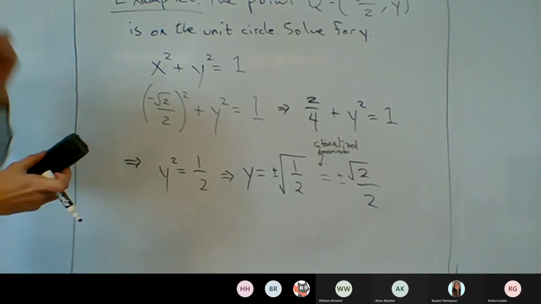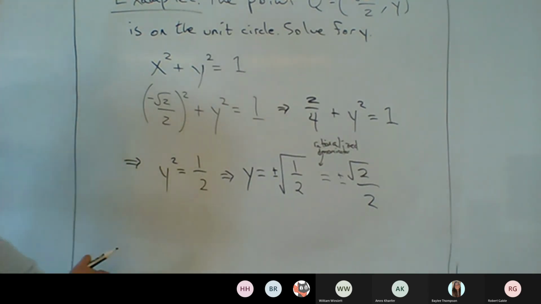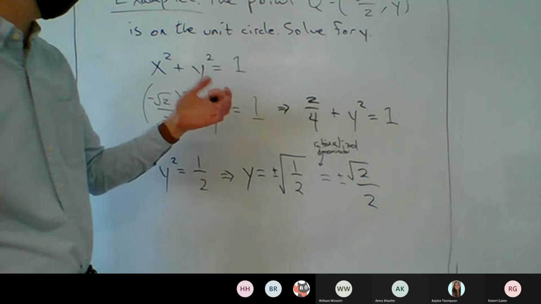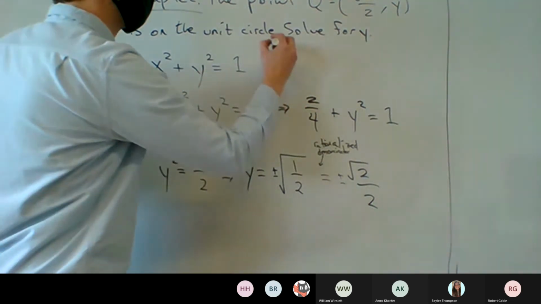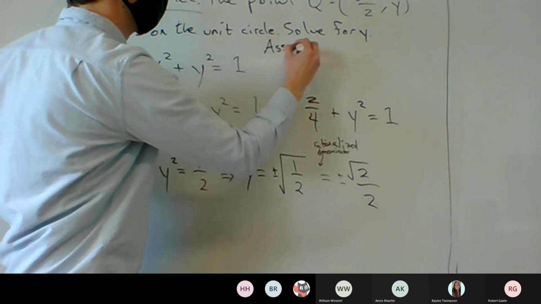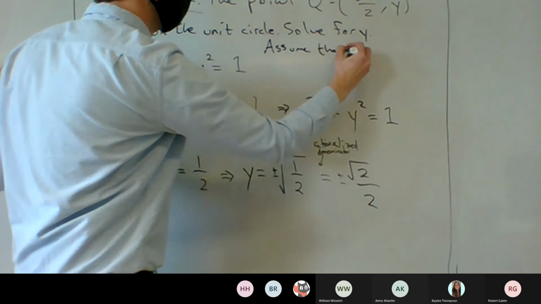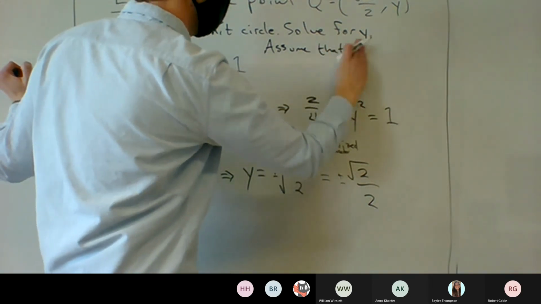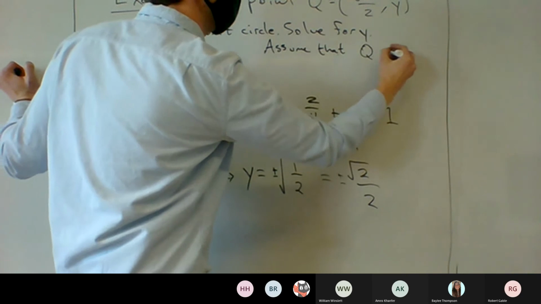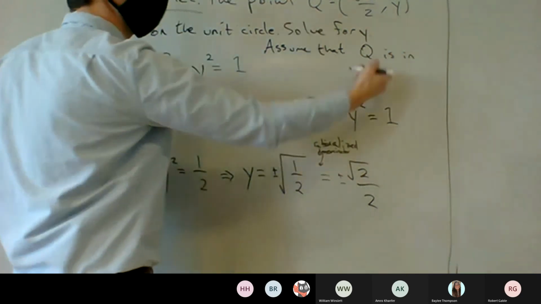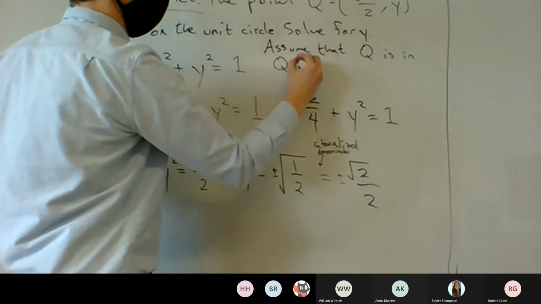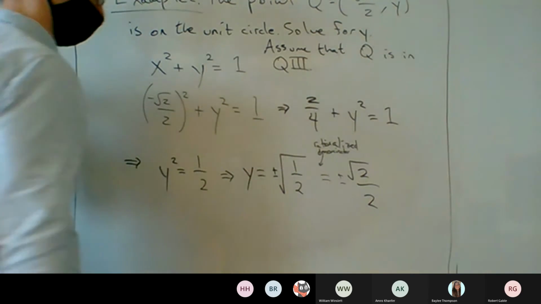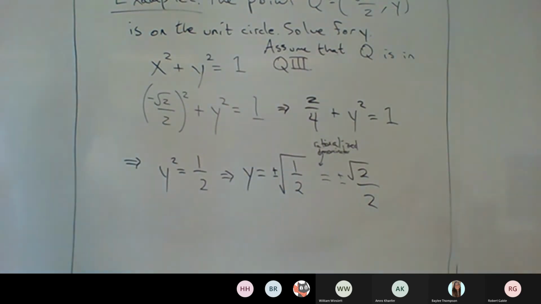So what other info must I be given in this problem? If you look at this problem in the text, they'll say, assume that the point Q is in quadrant 3. So what does that mean for my y value?